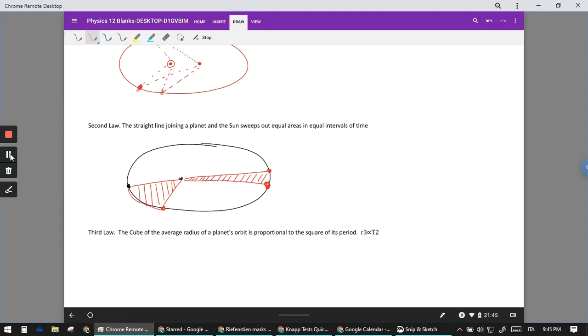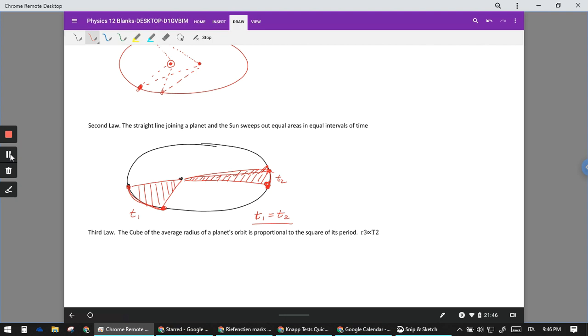I don't know if they're equal in my diagram, but maybe it would have to be here, I'm guessing. Maybe these two areas are equal, this one and this one. All right. Then, if those two areas are equal, then the time that it takes for the planet to move from here to here is the same as the time that it takes for the planet to move from there to there.